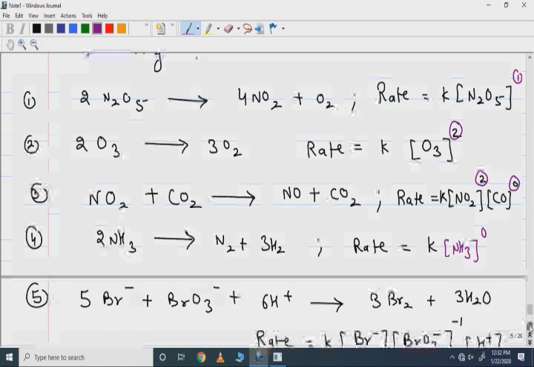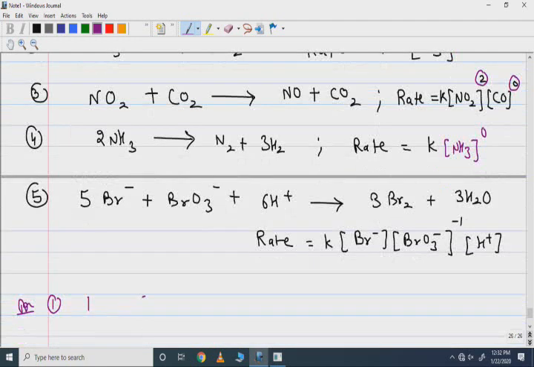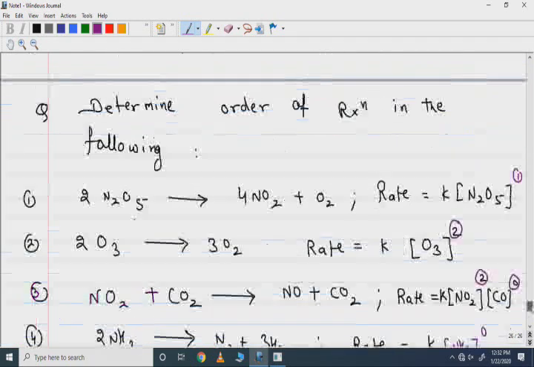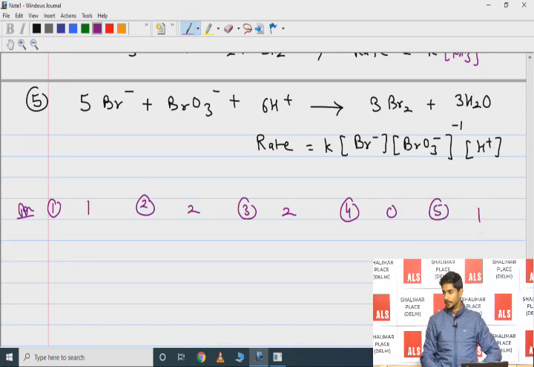So this is zero order, and the last one is first order. So first is 1, second is 2, third is 2, fourth is 0, fifth is 1. Yes, these are the answers. How many of you got the correct answers? Okay, very good.